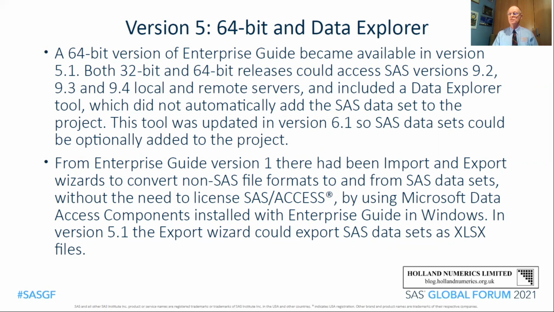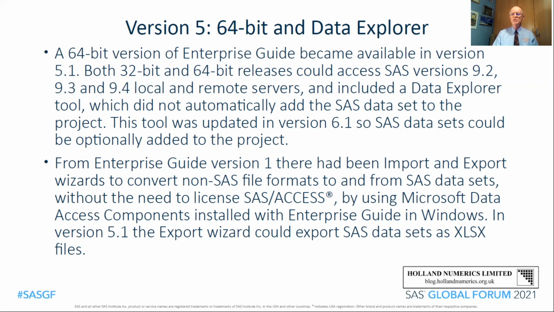Another feature which was bringing it more up to date: Microsoft Data Access Components was a fundamental part of Enterprise Guide. It only ran on Windows. And so the import and export wizards, which had been in existence since the beginning of Enterprise Guide, had been able to read XLS Excel files for some time.